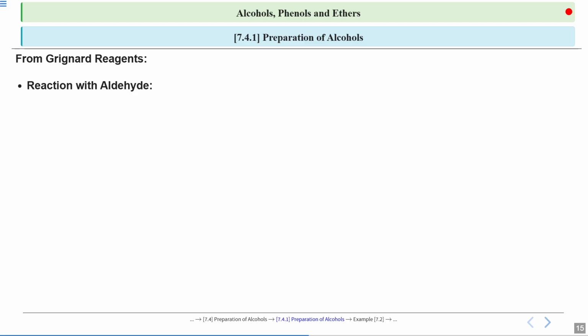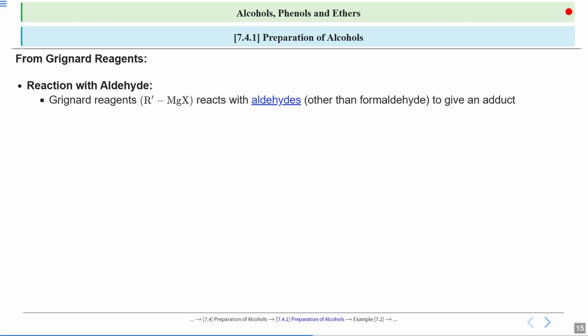Reaction with aldehyde. So Grignard reagents RMgX react with the aldehydes other than formaldehyde. Because formaldehyde is the simplest aldehyde, which gives us a primary alcohol after the reaction with Grignard reagent. When Grignard reagent reacts with an aldehyde other than formaldehyde, it gives an adduct, and the hydrolysis of the adduct produces a secondary alcohol.